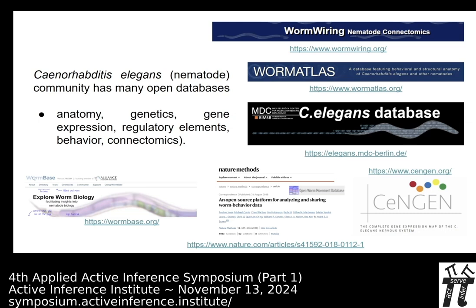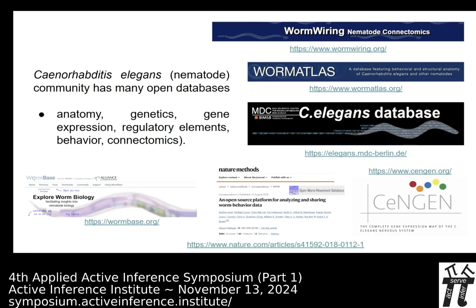So we have all sorts of data sets available for all sorts of modes of investigating C. elegans biology and behavior. We have a number of open databases covering anatomy, genetics, gene expression, regulatory elements, behavior, and connectomics. This includes the WormWiring site, which includes data on nematode connectomics.